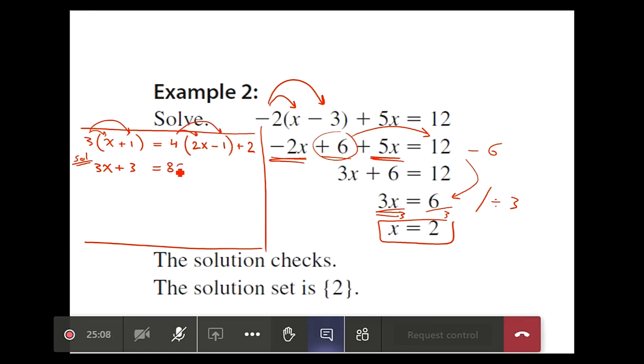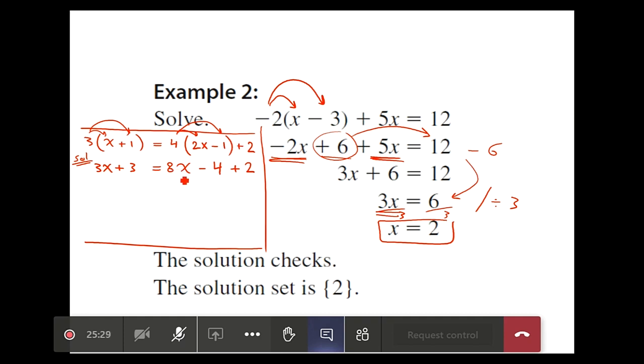So we have 8x minus 4 and plus 2. Look here. We have x on the left hand side and the right hand side, and we have numbers on the left hand side and the right hand side. So what must we do?